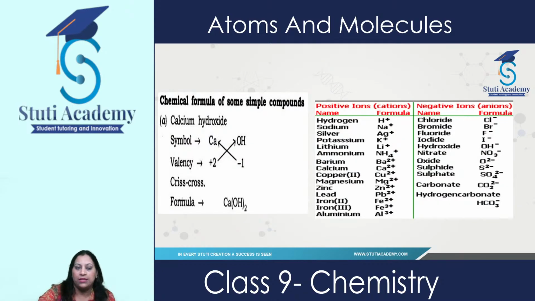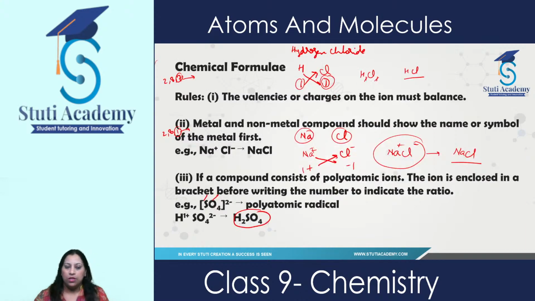Look at this table. SO4, which is sulfate, and its formula is SO4 2 minus. And hydrogen is 1. So I'll write like this, SO4. Then I'll crisscross it.